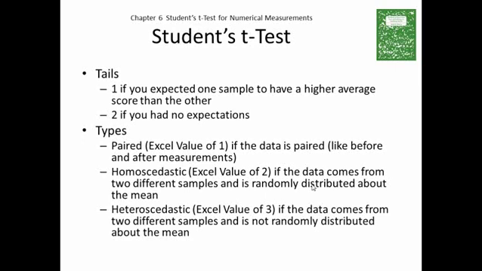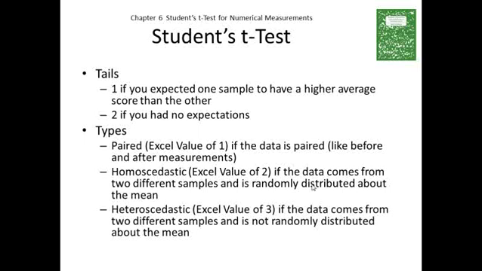There's a few aspects of the t-test that we need to cover. One of them is tails, and the other one is types. Now, student's t-test says, give me one set of data, give me the other set of data you want me to compare it to, and then tell me which kind of t-test you want me to do. And that is dependent upon the parameters of tails and types.